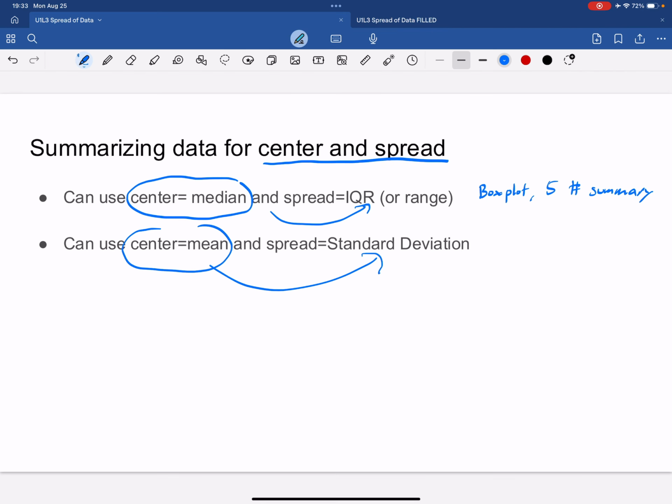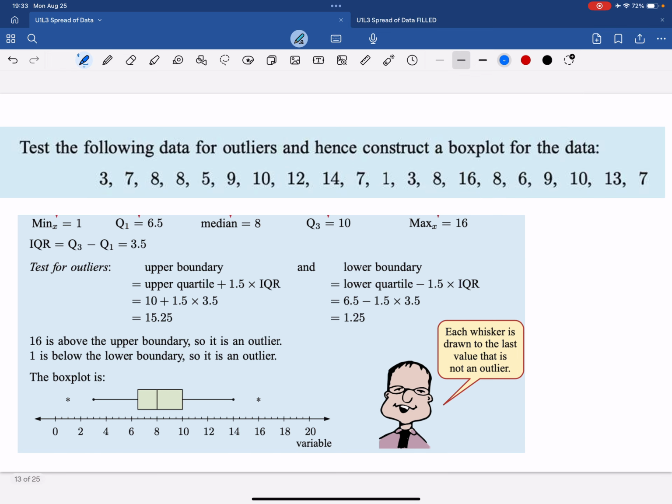Here's video 2. We're going to start off with an example testing for outliers. You can see the results here. All they're going to do is our test for the upper boundary.